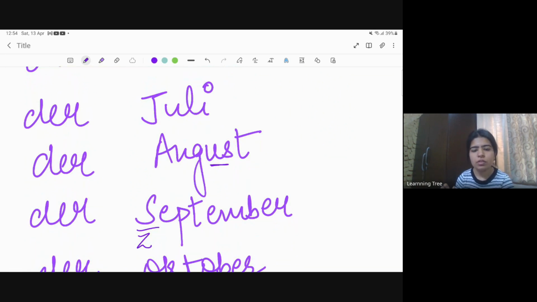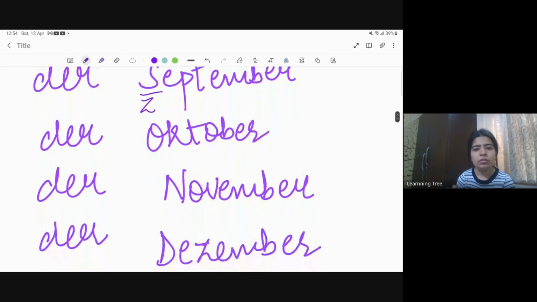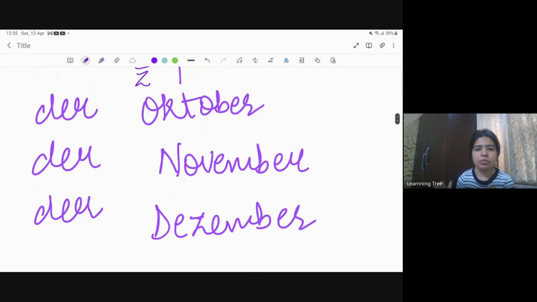Yeah, Gust is important. So August. Der September, starting with S, pronunciation Z. September. Der October, der November. So keep in mind the no of English. So November and der December.